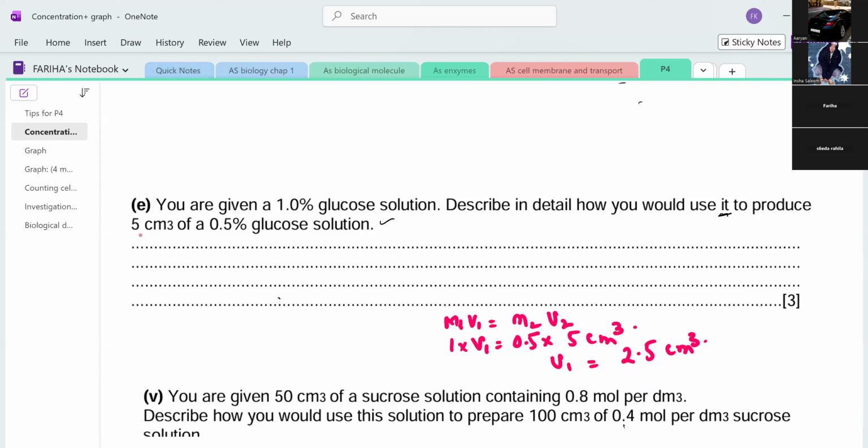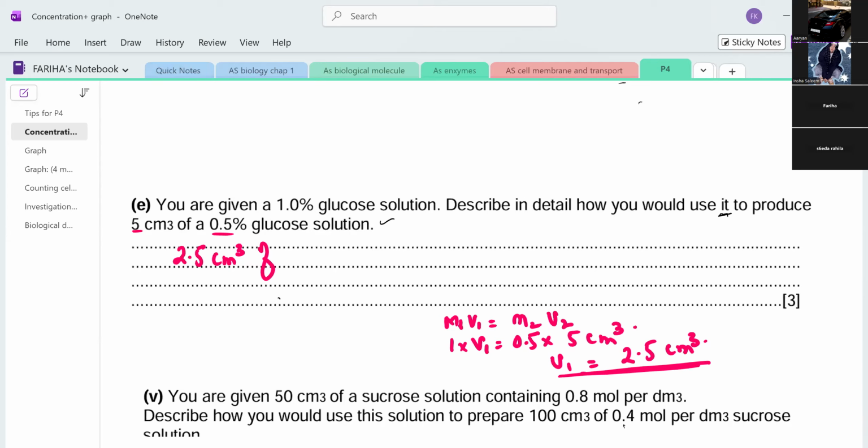How can we make it 5 cubic centimeter? And 0.5% glucose solution, what should I write? We should take 2.5 cubic centimeter of what?